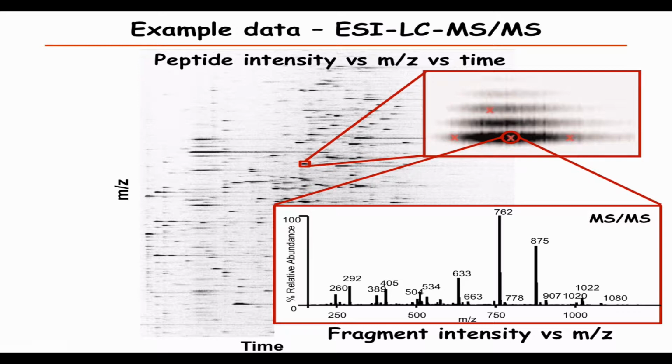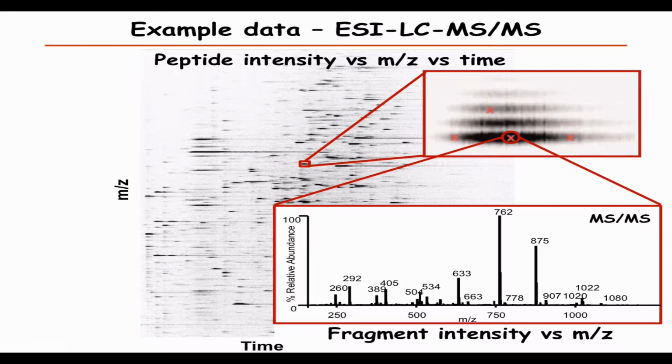First the instrument takes a survey spectrum, and then it does a quick peak finding. Usually the person that runs the instrument can decide in advance how it wants the mass spectrometer to do it.